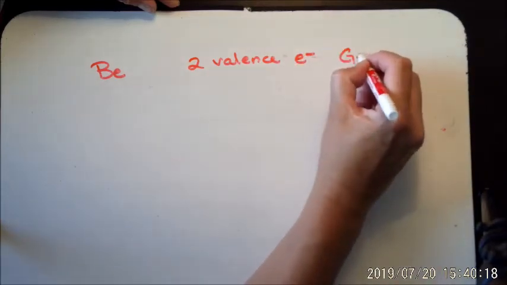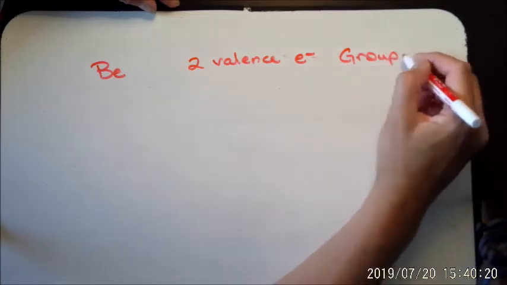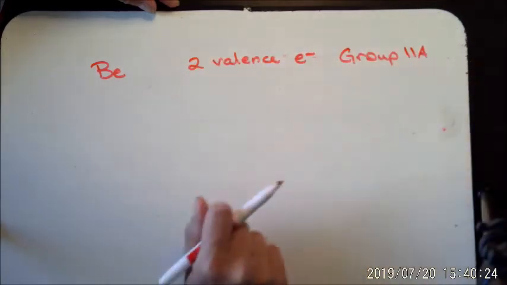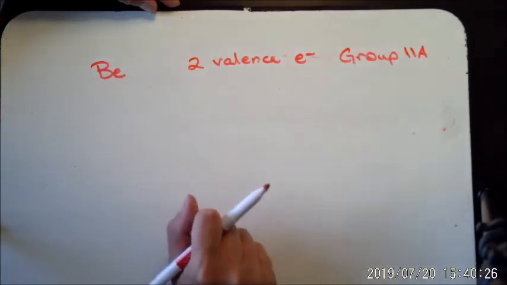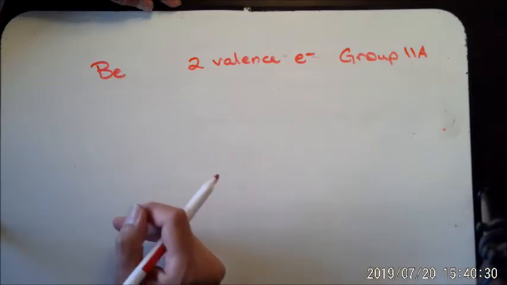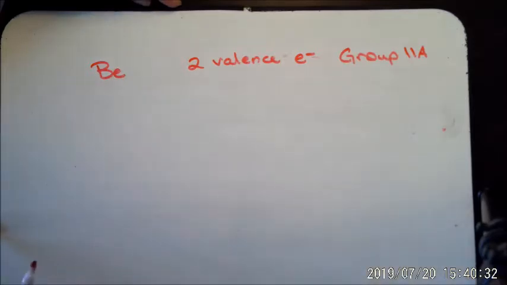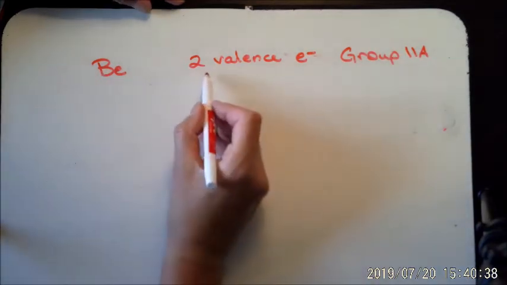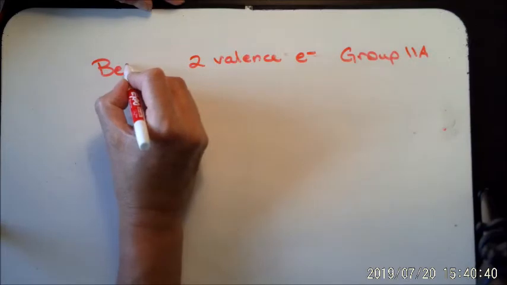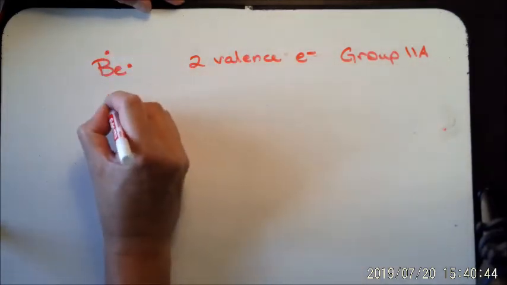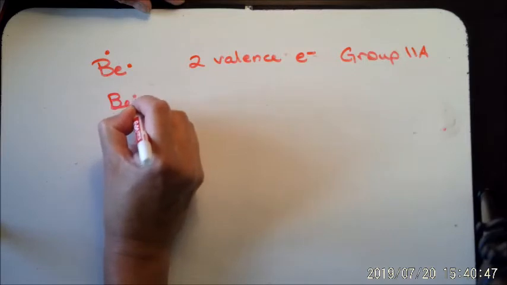When we do our Lewis dot, notice we're focusing on the main group elements and not the transition elements, because with the transition elements, we're filling in the core. We're not filling in our valence electrons. And here in Lewis dot, we're focusing on valence electrons. Beryllium, having two, you could draw it this way, or you could draw it this way.